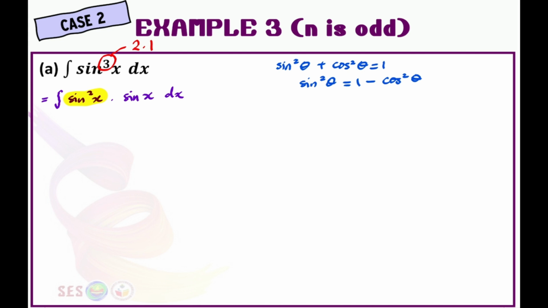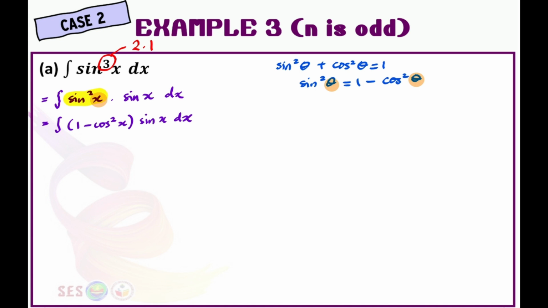No matter what theta is, it must be the same as our question. In our question, our theta here is x. So my 1 minus cos squared theta must be 1 minus cos squared x. I substitute over there, and just copy the rest, sine x dx.